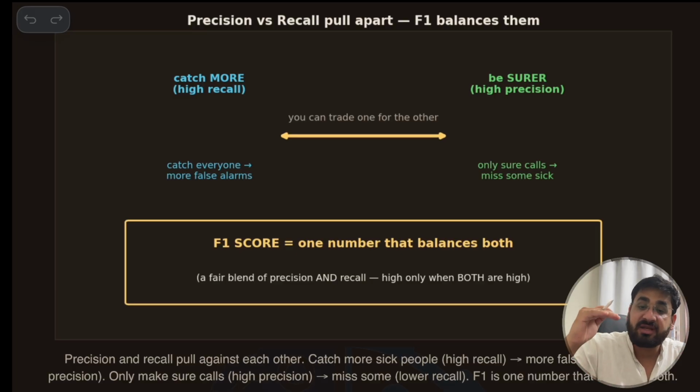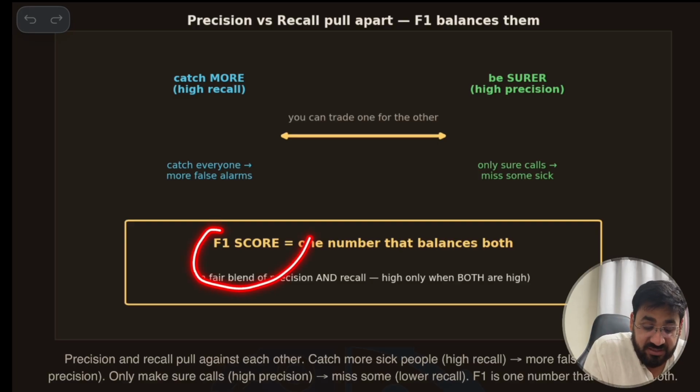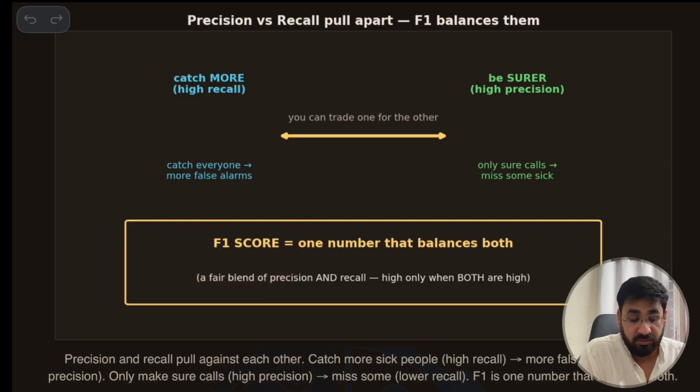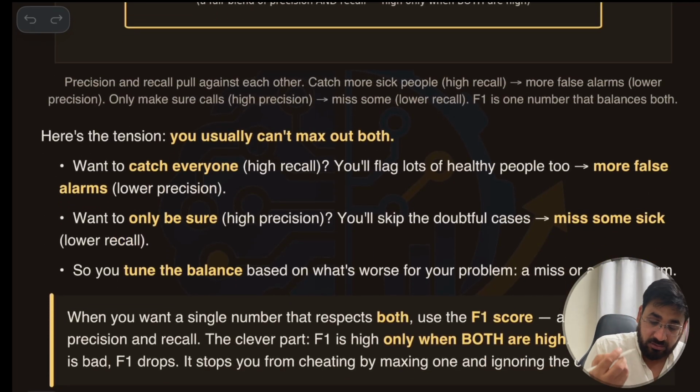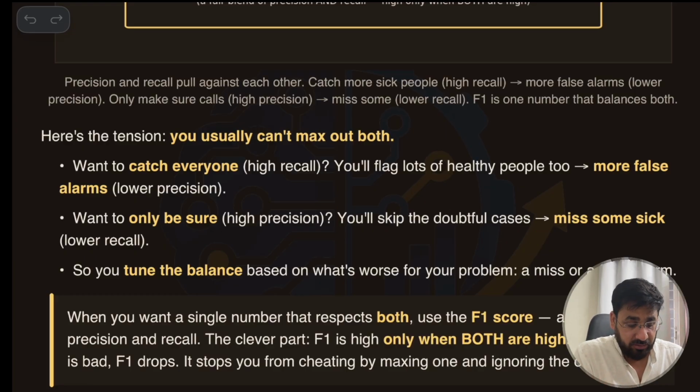If precision is very high, recall will drop. What we want in real life is a balance of precision and recall, and that is represented with the F1 score. This is what the balancing is. That's simple. You can read the PDF and you can understand that.